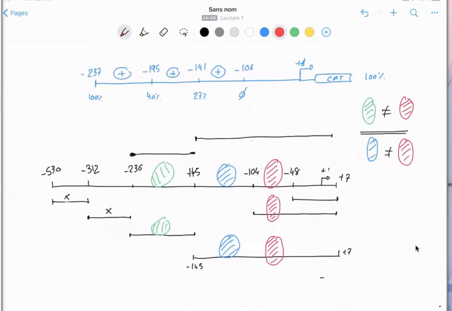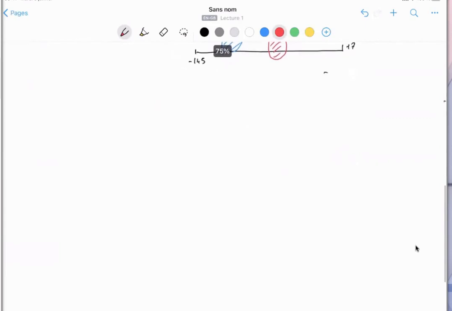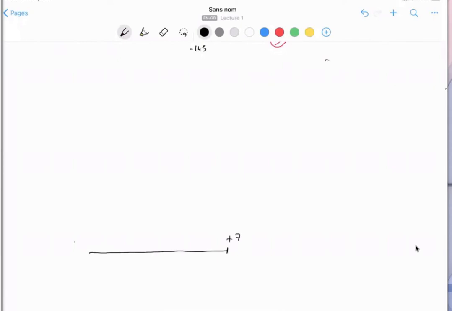So now we are going to look at what's happening in the gel shift presented on the left. I will try to write it down. It's the gel shift in which we use the fragment minus 145 to plus 7.